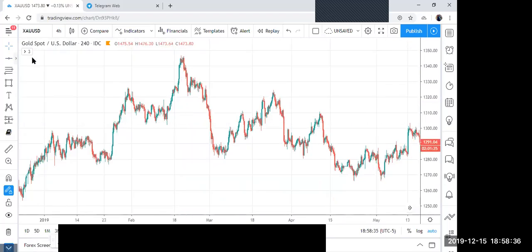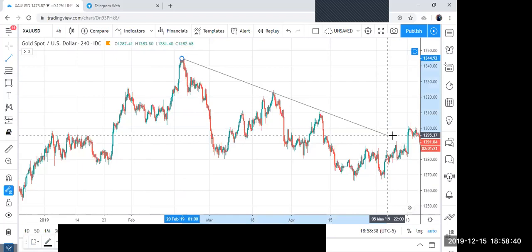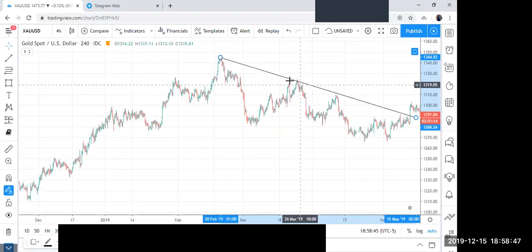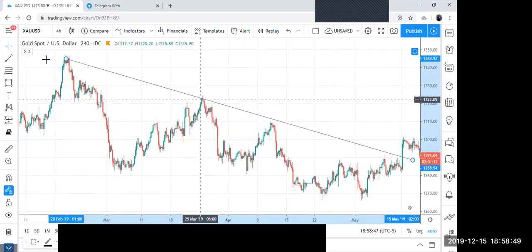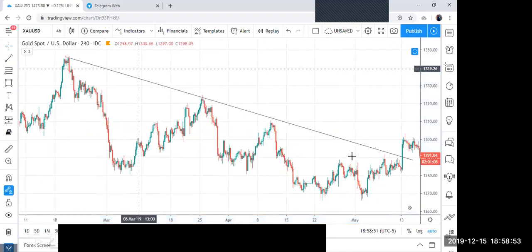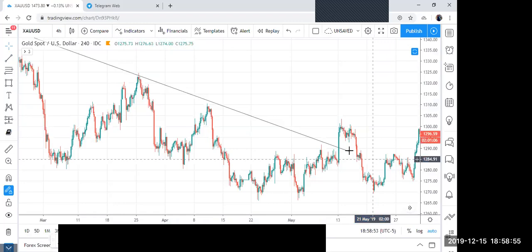Like I said, don't force the trend line. That's where I see my touches. I see my touches there. Nothing has to be exact. Nothing about trading is exact.